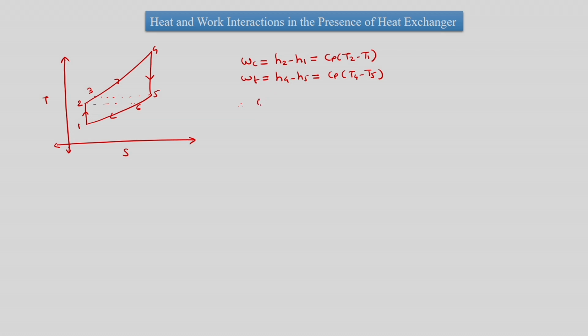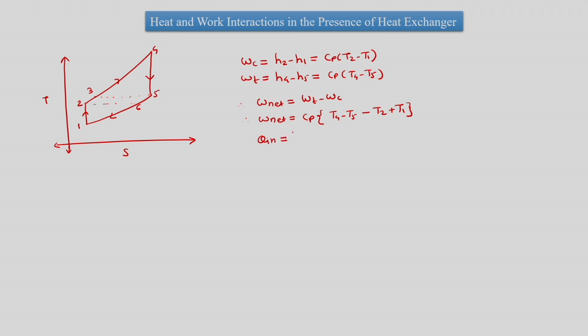So we have W net, which is Wt minus Wc, is same with and without heat exchanger. So it is equal to Cp into T4 minus T5 minus T2 plus T1. So this doesn't alter.